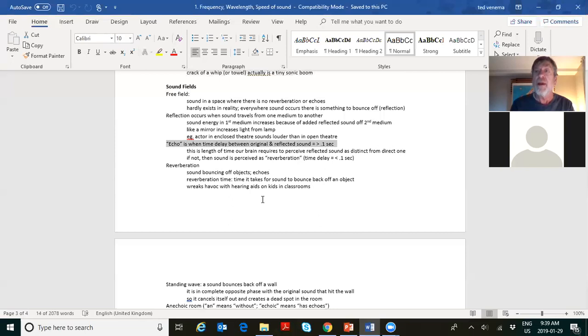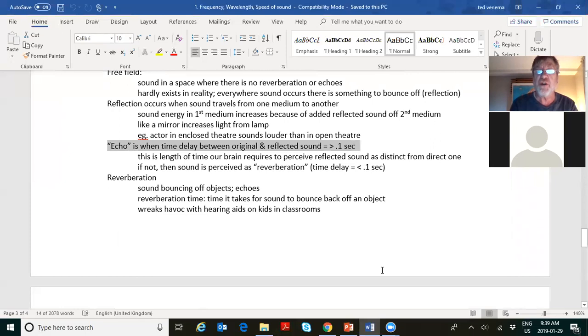An echo is when it took longer than 1/10 of a second to bounce, right where I'm highlighting here. It took longer than 1/10 of a second to bounce back. Okay? If the sound takes less than 1/10 of a second to bounce back, you have what's called a reverberation. You can think about it like this. Think of a gymnasium and someone's bouncing a basketball.